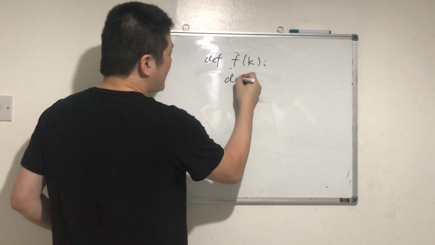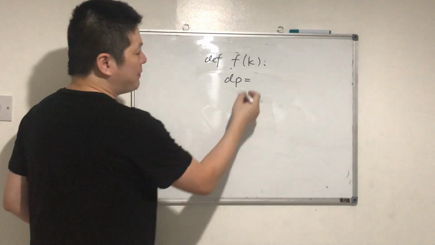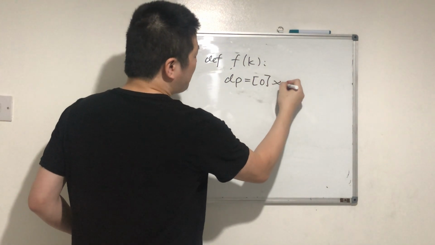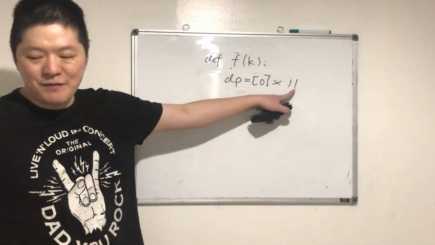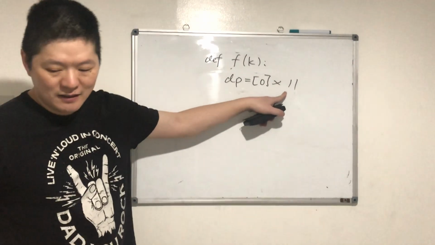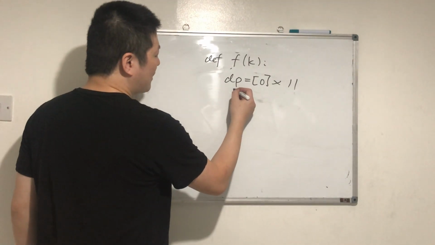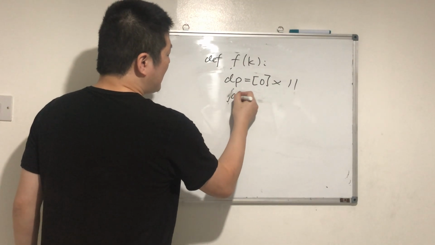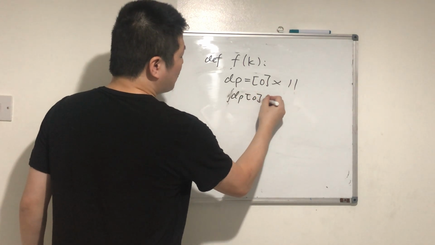Look, DP, let's do it. DP array, 10 times 11, because at most 11. dp[0] equals what?